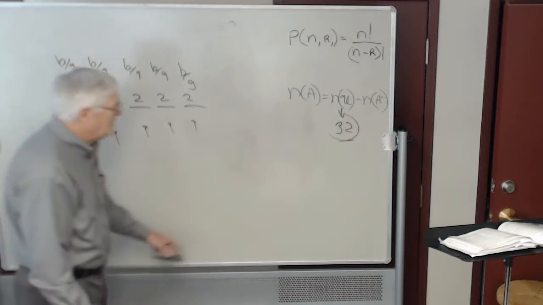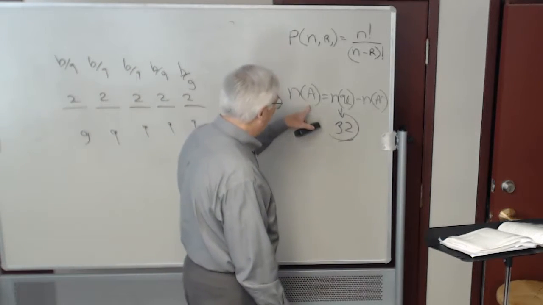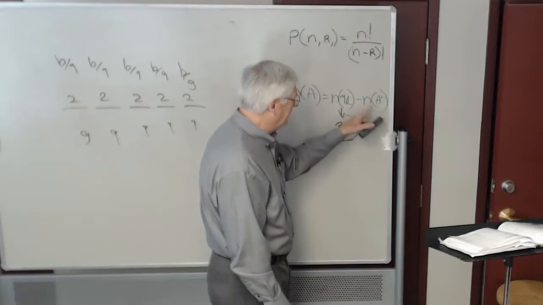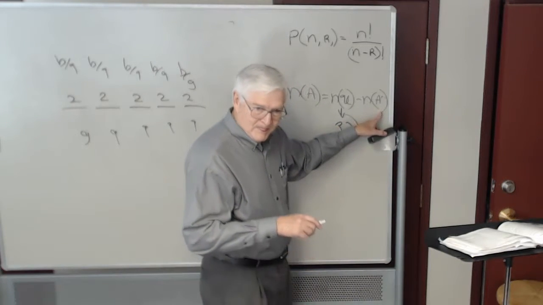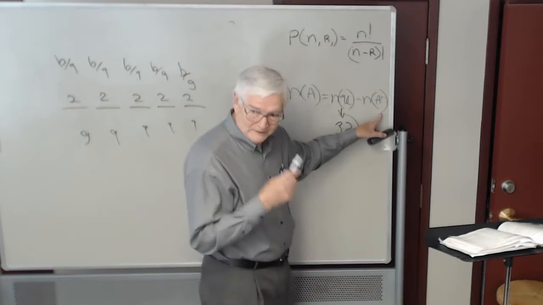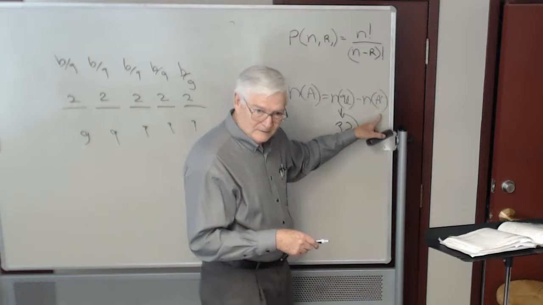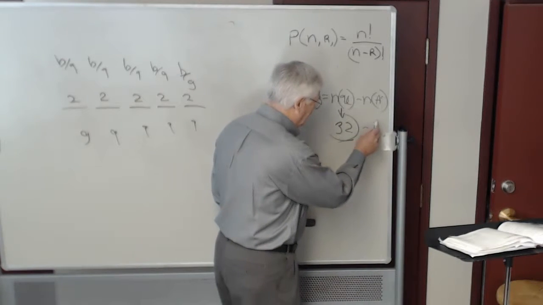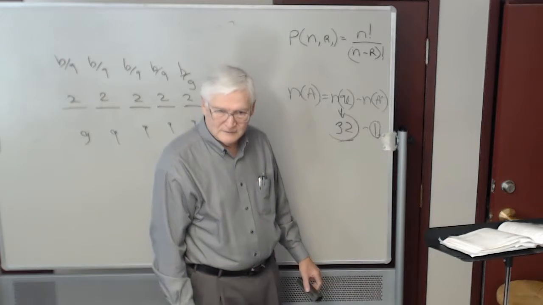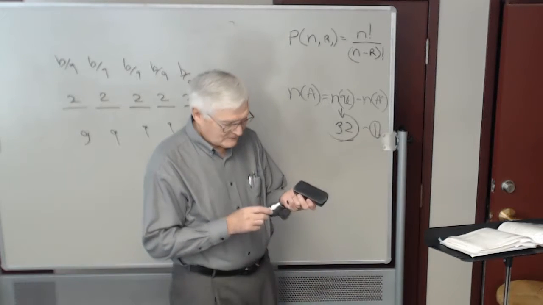So, at least 1 boy means you take the universe, 32, and subtract the occasions when there would be no boys. And that would be 1, wouldn't it? When you had all girls. You follow that?